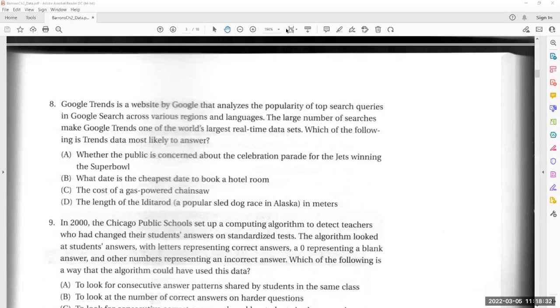We just talked about Google Trend, right? The main idea is that it shows the popularity of the topic. So just look at which one has the popularity of the topic. What is the cheapest day to book a hotel? Is there popularity?